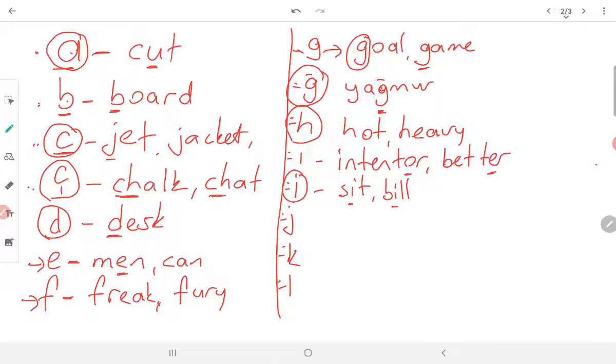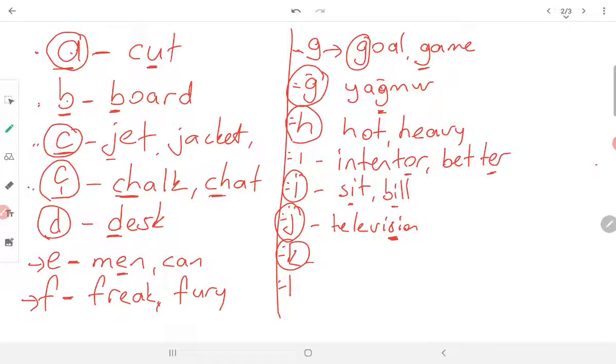All right, next one is je. Je. This is je. This is how we say television, okay? This is the sound in here. J. Television. Next is ke. Ke. Like cat, right?